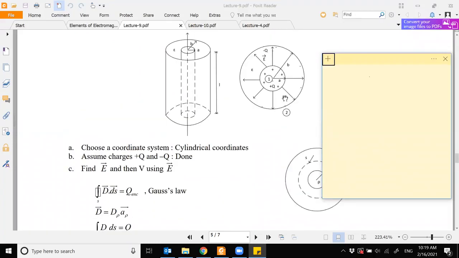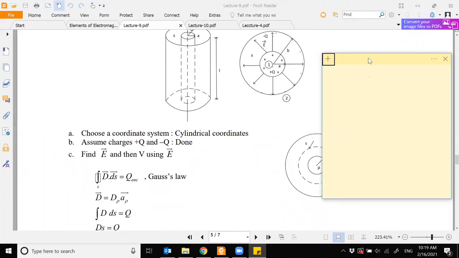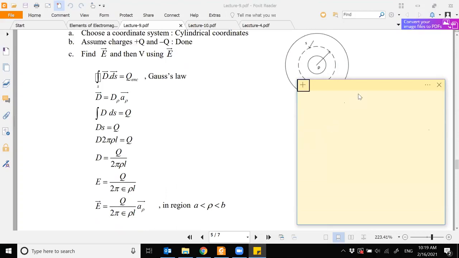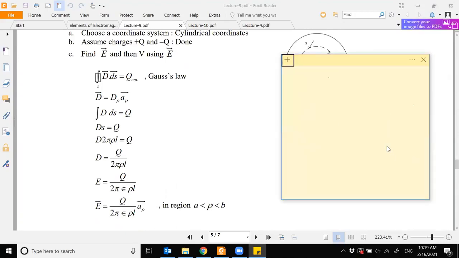So what it says, okay, so let me make it like this. Okay, so let me now draw here. So now what we are doing here, so this is my inner conductor. This is my outer conductor.